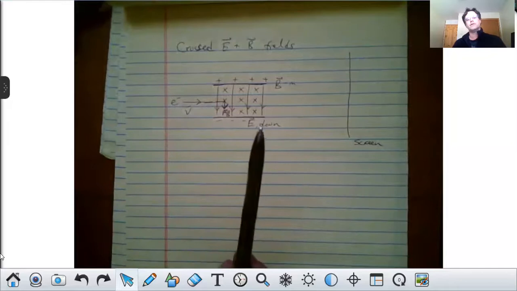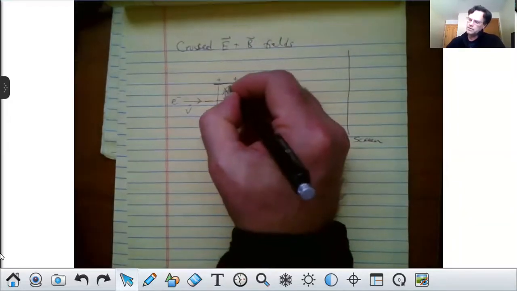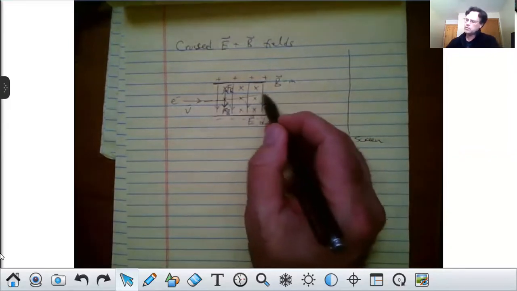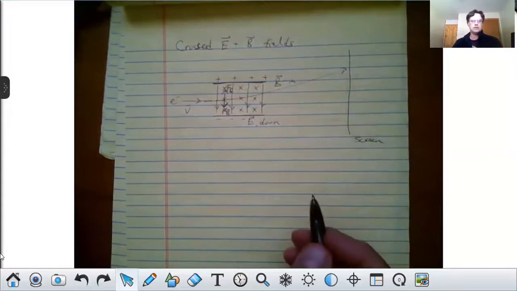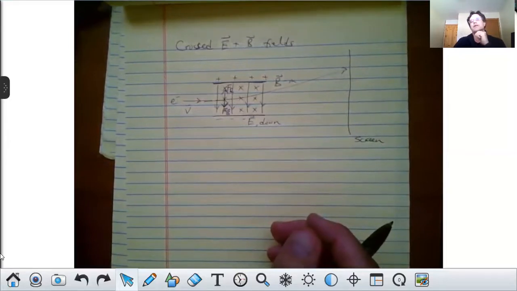Well, negative charges go opposite the field, so the electric force is going up. Now, depending on which force is bigger, which field is bigger, the electron will come out and hit somewhere over here on the screen.